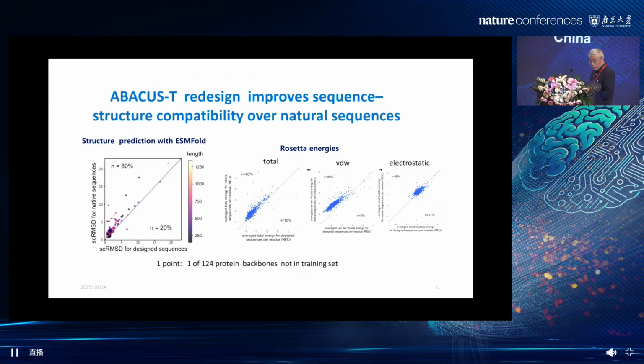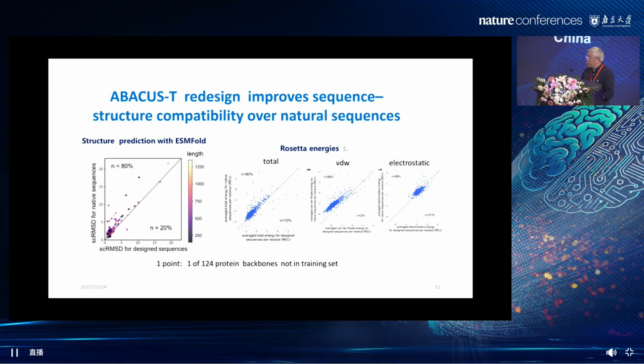And so we compare with the native sequence. We redesign the sequence on native proteins, and we apply structural prediction programs to it, for example ESM. It's interesting to see that the designed sequence actually contains more information about the native structure than the native sequence, which can be more easily captured by structure prediction methods.